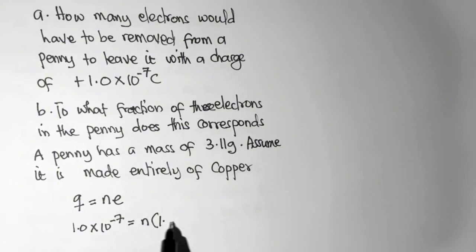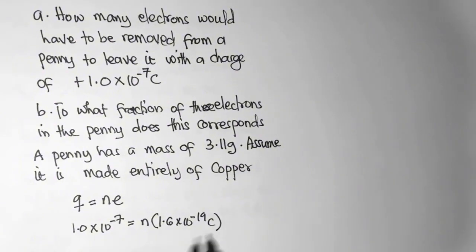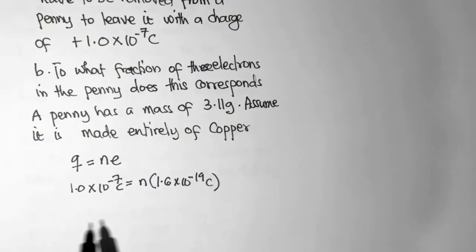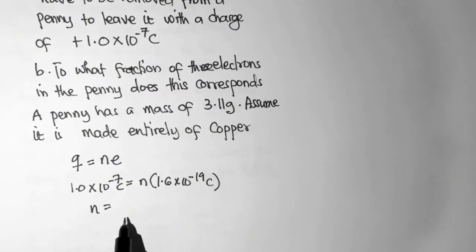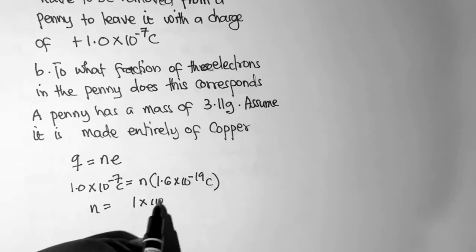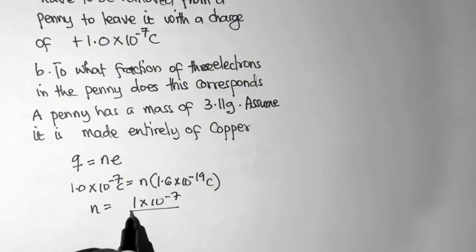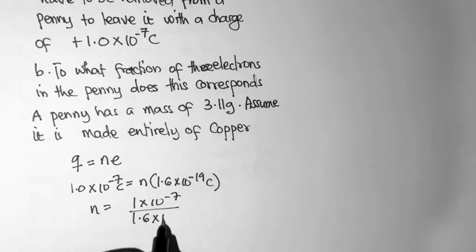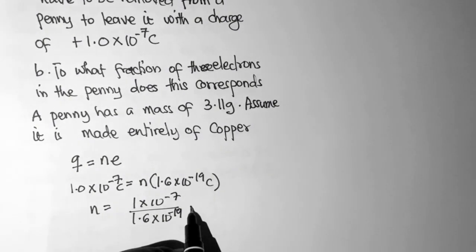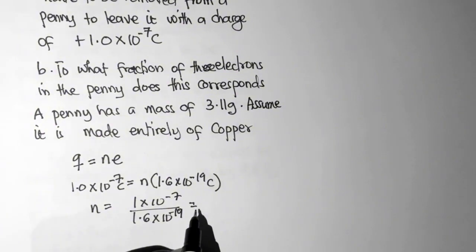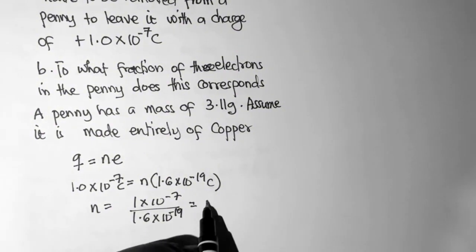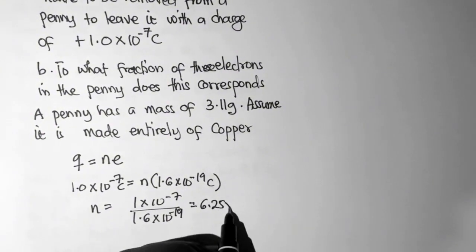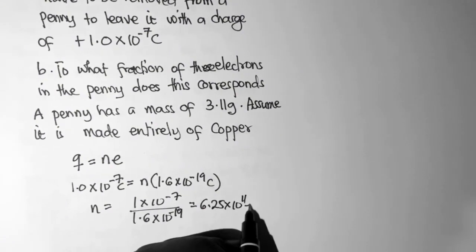The charge of the electron is 1.6 times 10 exponent minus 19 coulombs. So N in this case is equal to 1 times 10 exponent minus 7 divided by 1.6 times 10 exponent minus 19. And if you do this, you are going to get 6.25 times 10 exponent 11 electrons.